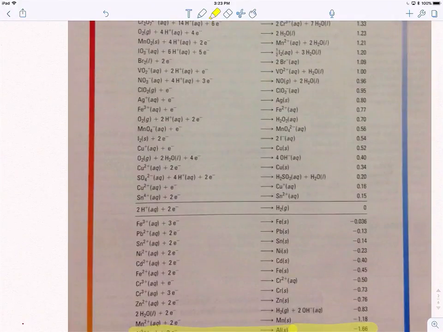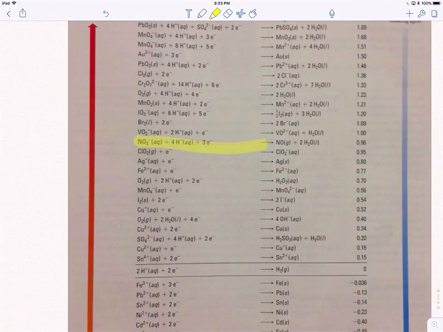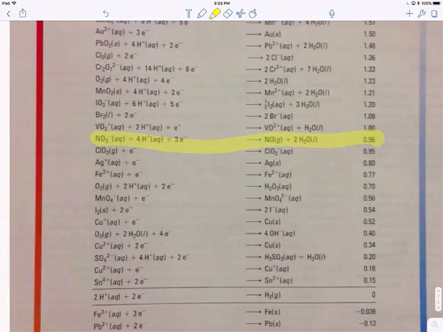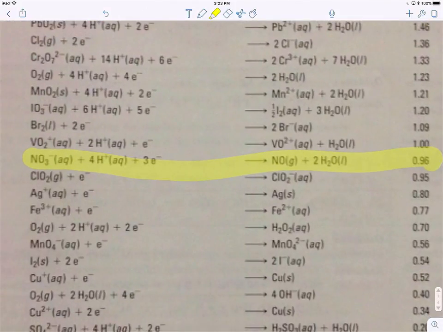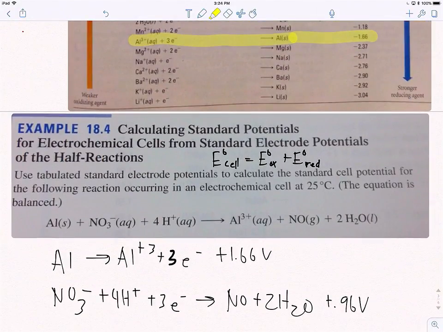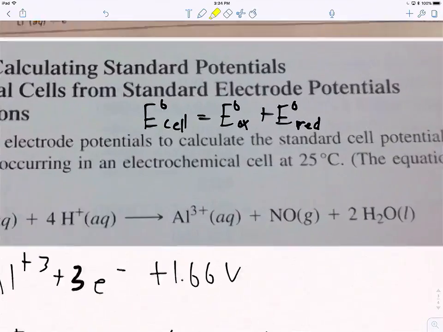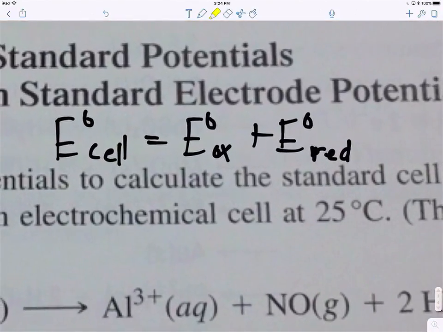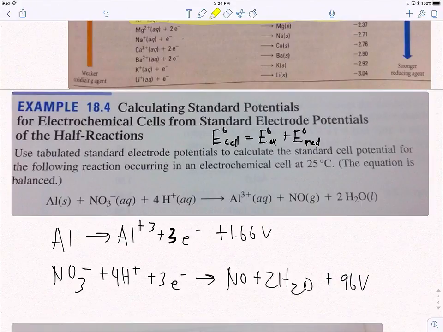Okay, where's nitrate plus 4 H+? So the reduction potential for nitrate is plus 0.96 volts. Now the E0 cell, so remember this, the E0 cell is oxidation plus reduction. And the chart here is reduction potentials. So we have to figure out which species is being oxidized and which species is being reduced.